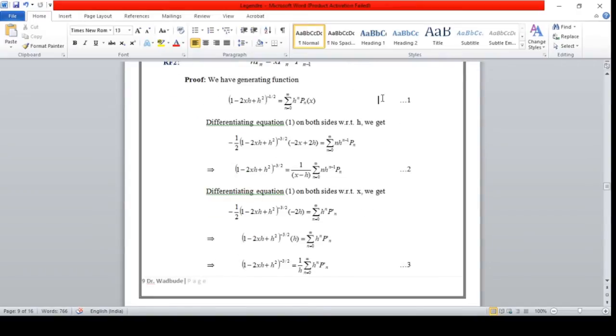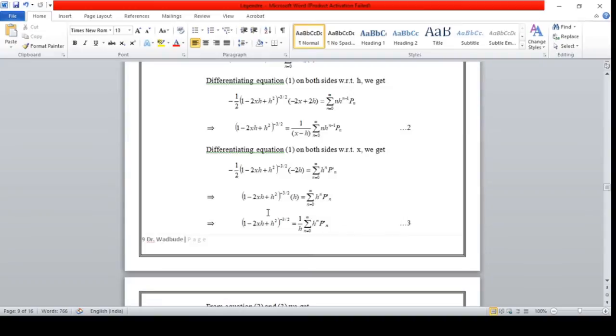Now again, equation 1, differentiate with respect to x. This is equation number 2, and again equation 1, differentiate with respect to x. Here differentiate with respect to h, and here differentiate with respect to x. Both are different things.